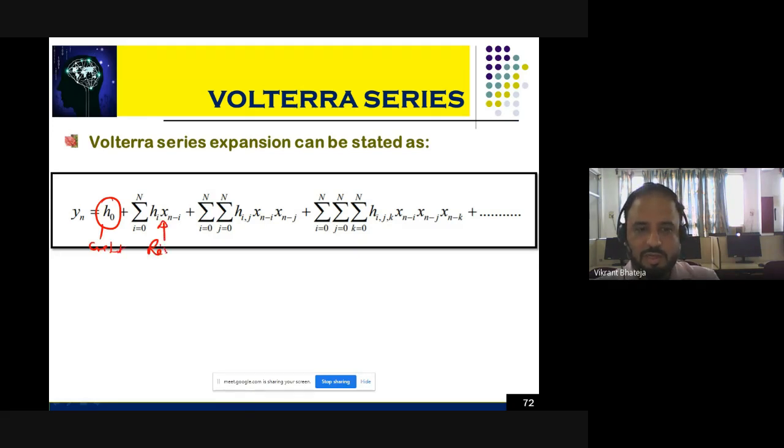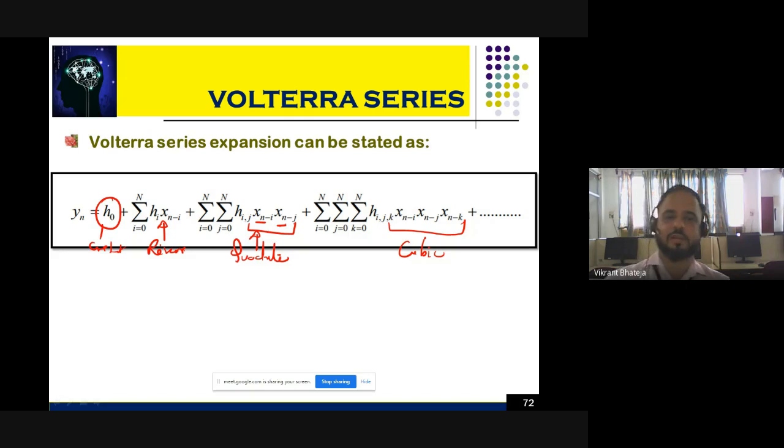This is giving you a linear term, x. You can make out that this is giving you a quadratic term, this is giving you a cubic term, and so on.